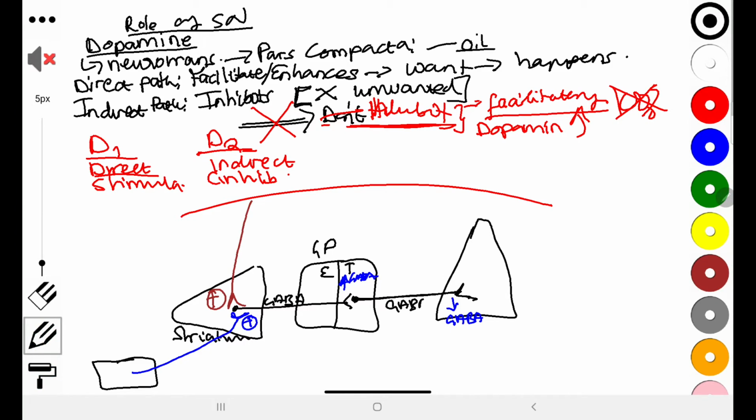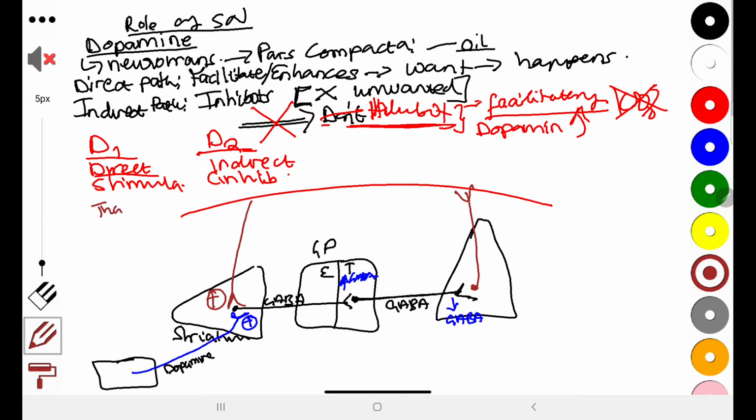It releases GABA. So because you're now stimulating it by dopamine release, you're going to have much less GABA here, and therefore you are exciting the cortex even more by the thalamocortical pathway. Again, I'll go through.